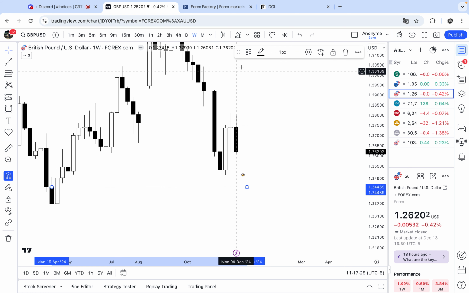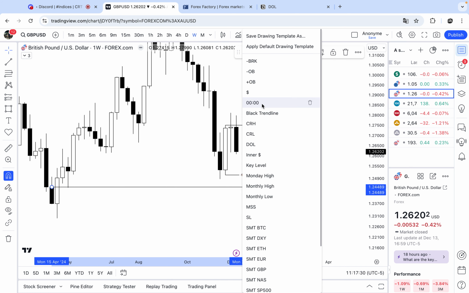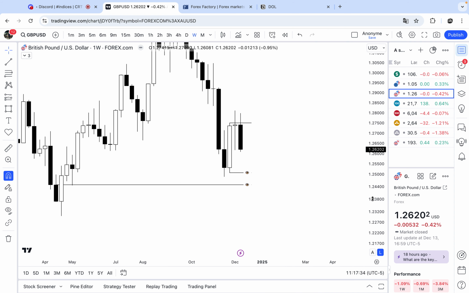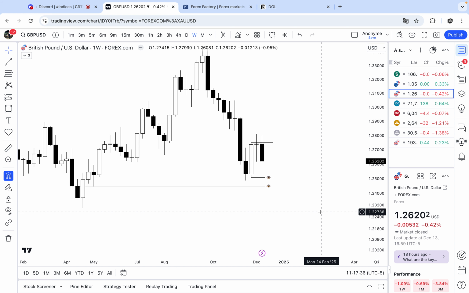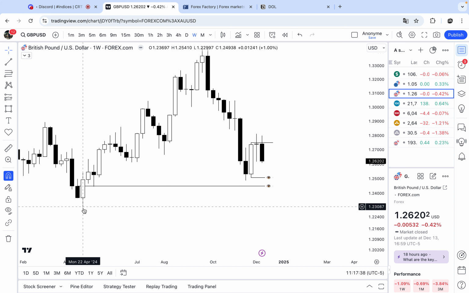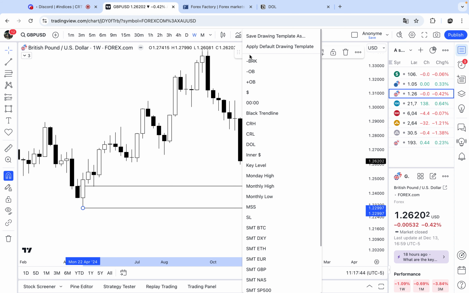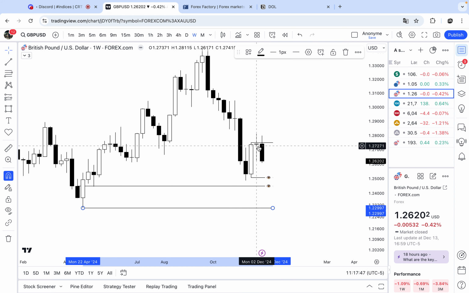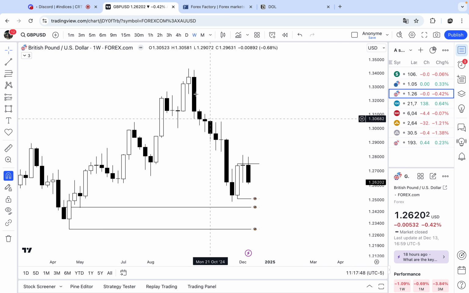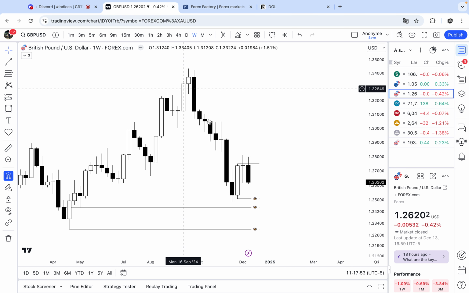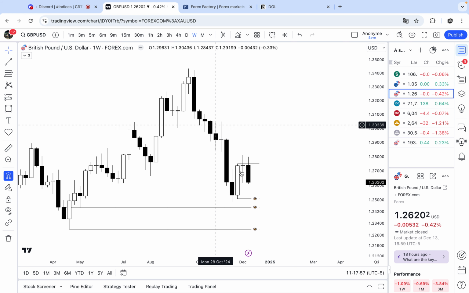Another one, drawn liquidity number two. And then we got this low, right? So these are drawn liquidities right here. We mark it out, and bullish. Is there any other key level? There are no key levels on the weekly here.